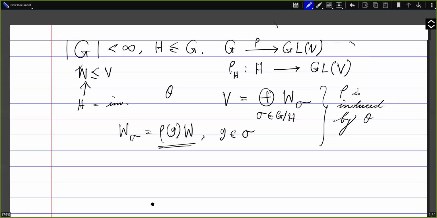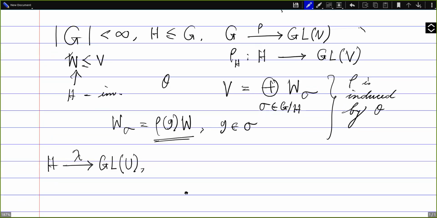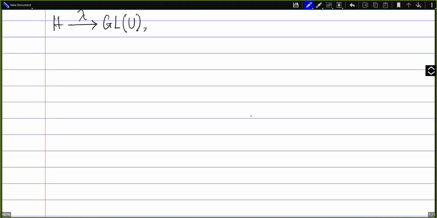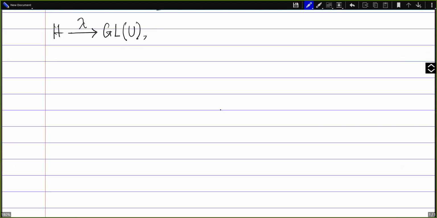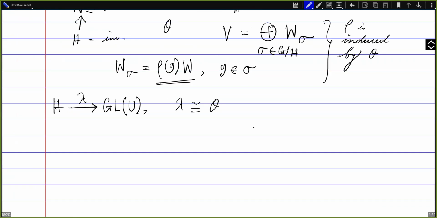Then for an arbitrary representation, we say that lambda induces rho if lambda is isomorphic to a theta as above, which is a sub-representation of the restriction, and furthermore this theta induces rho.